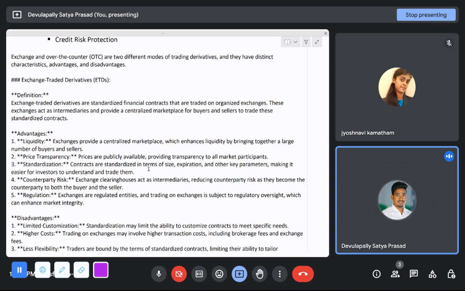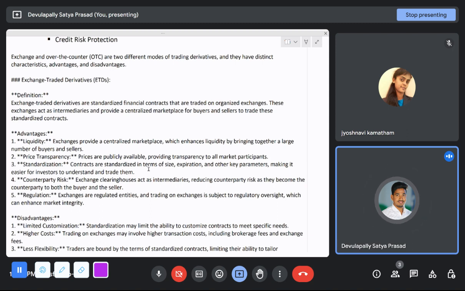In a derivative contract, if one party gets profit, the other party is getting losses. That's what the contract is all about. And if the other party does not fulfill this contract, then you are into the loss, right?